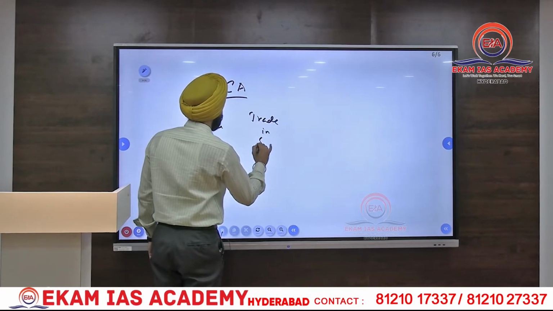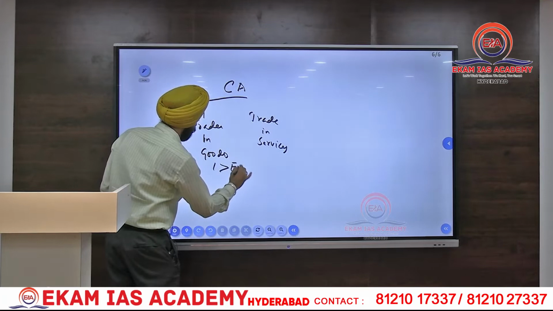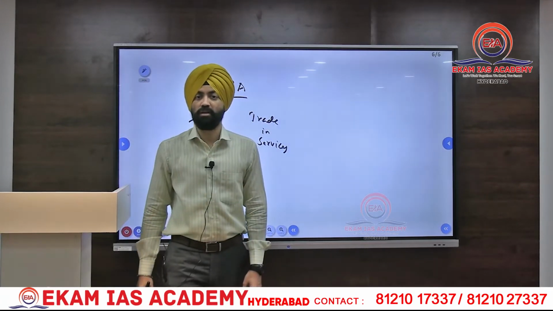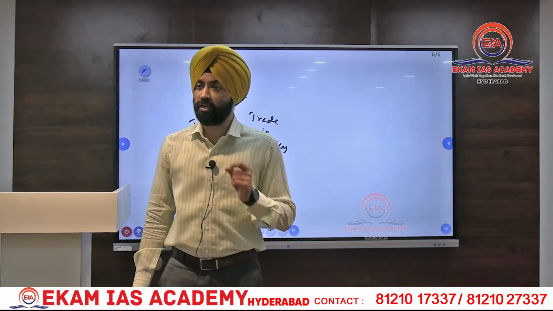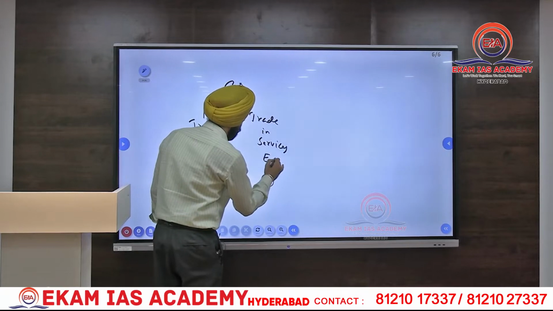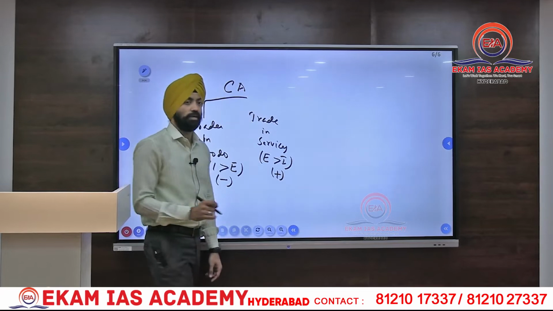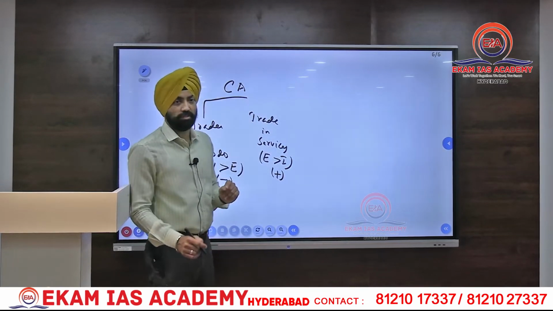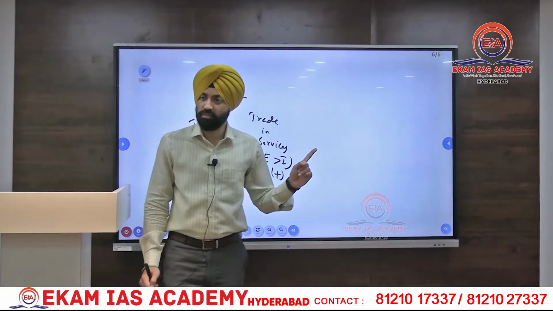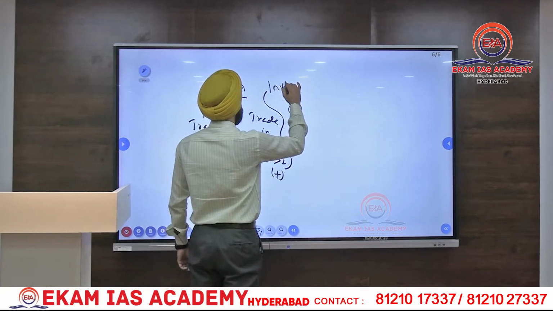In trade in goods, generally we import more than we export. That is the reason why the balance is always in deficit. Trade deficit, that's the word we use. In the same way, in services we export more than we import, so we have a trade surplus in services. We have a trade deficit in goods and a trade surplus in services. Services technically are called invisibles.